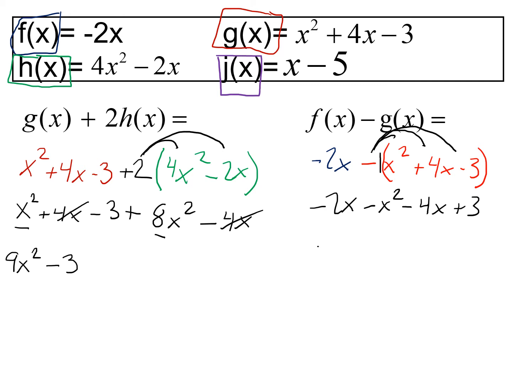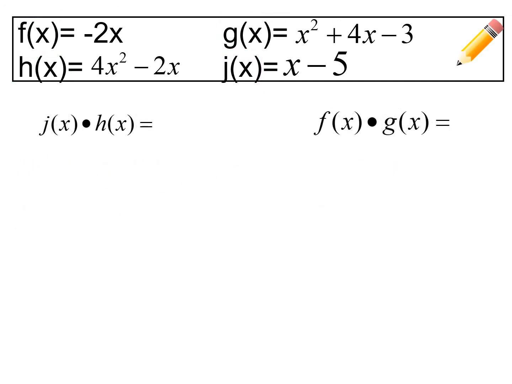So my answer here, negative x squared minus 6 x's, because I had negative 2 and negative 4 x's, plus 3. So again, I was using blue, red, green, and purple.